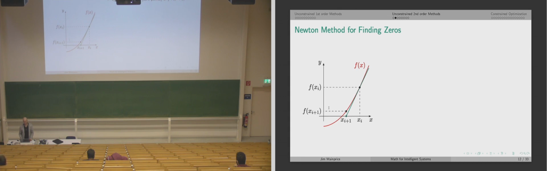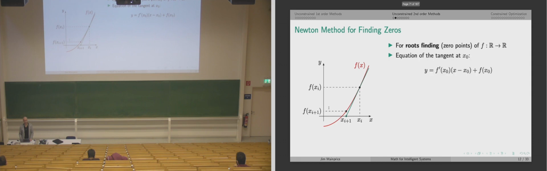So it's for finding zeros of a function, usually a function from the real to the real. And so we have the equation of the tangent, which is the first order Taylor expansion of the function here. The way to see the first order Taylor expansion of a function is to say we shift the function so that we put the zero at x0.